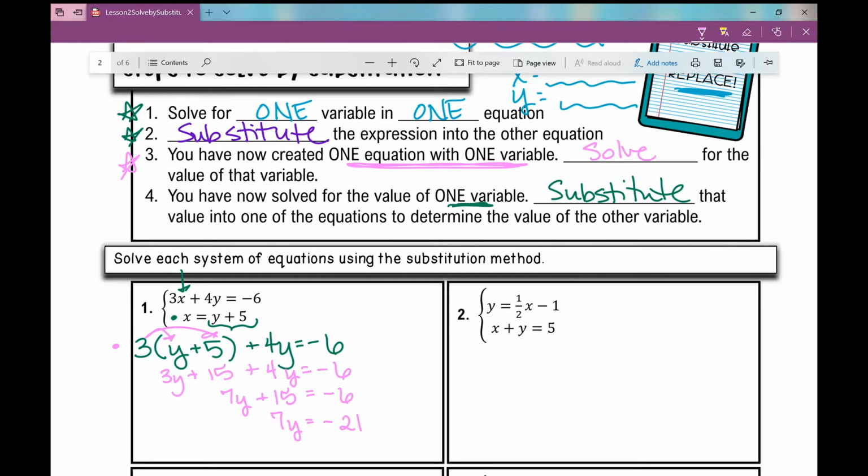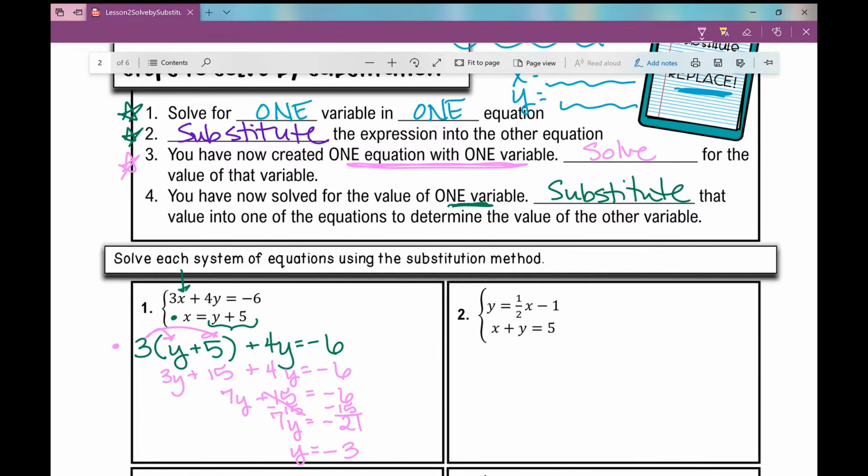If I'm going too fast, all I did, subtract 15, that removed it from that side, and then I got negative 21. Negative 6 minus 15 is negative 21. And now I need to divide by 7. So I get y equals negative 3.